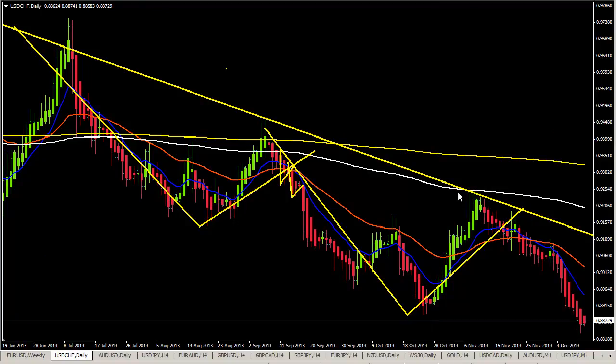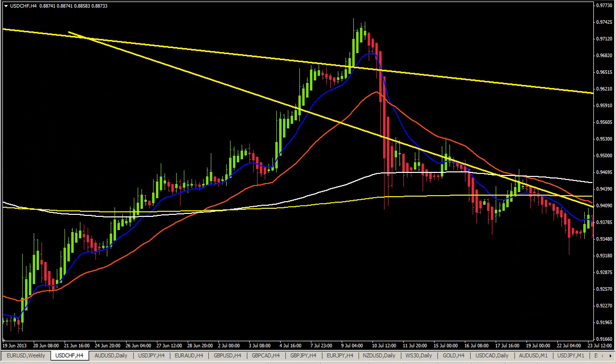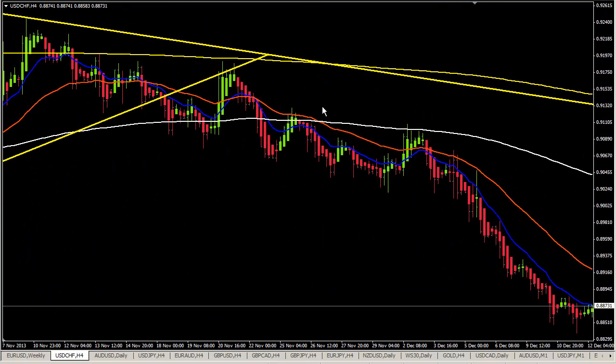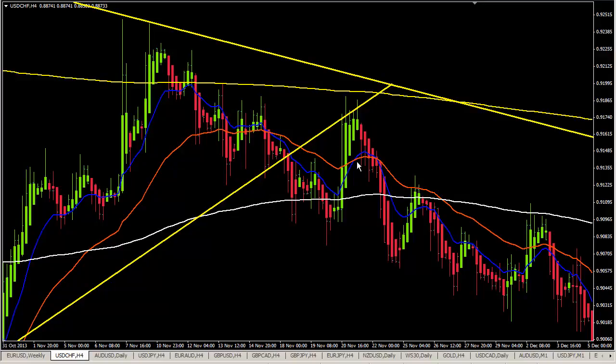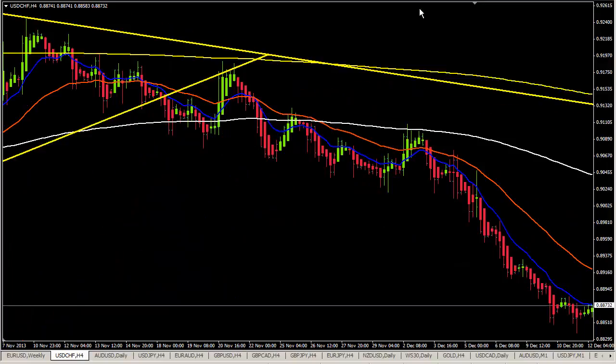And afterwards what happened, it bounced there. And if you want to be conservative, you need to wait for that break again, right? After the weekly 1, 2, 3. And here's your daily retracement. And on the 4-hourly chart, again, you got after the break another 1, 2, 3 below here.